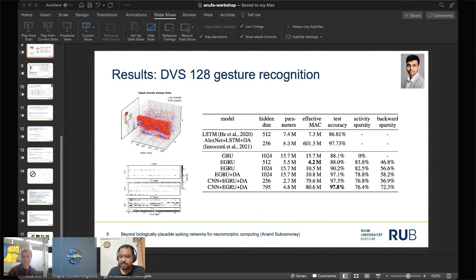But there are a lot of issues in terms of having long short-term memory, in terms of trainability, in terms of having rich enough dynamics to model really complex and difficult tasks. And this is essentially what this is solving. We're taking models from deep learning that we know work for these complex tasks, but making them event-based so that they can run efficiently on neuromorphic hardware. So that's the idea.